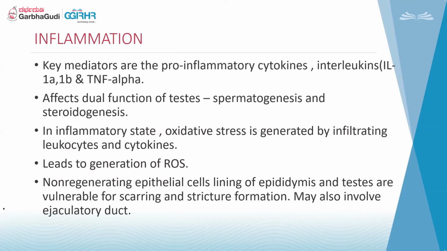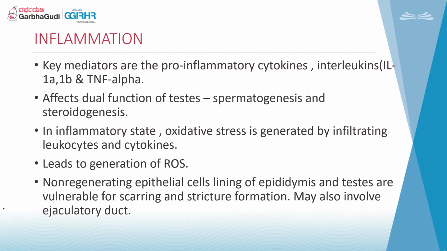Inflammation. The key mediators are the pro-inflammatory cytokines like interleukin 1A, 1B, and tumor necrosis factor alpha. It affects the dual function of the testes, hampering both spermatogenesis and steroidogenesis.